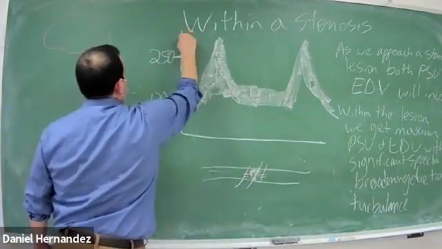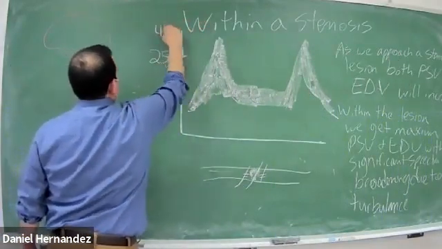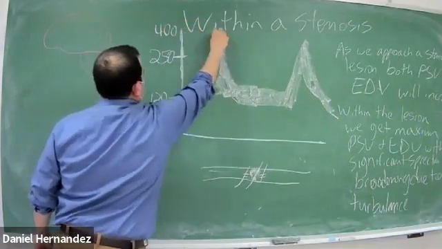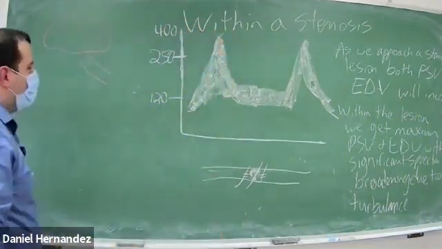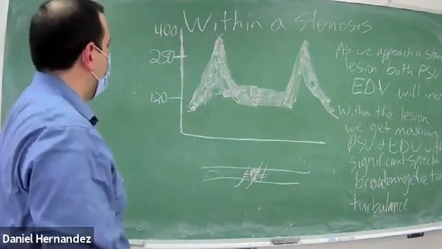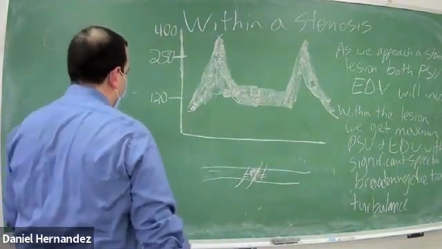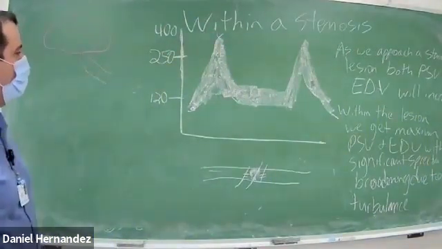Now we can potentially have velocity, maybe this is 400 now. We know that is a severely, highly stenotic lesion.